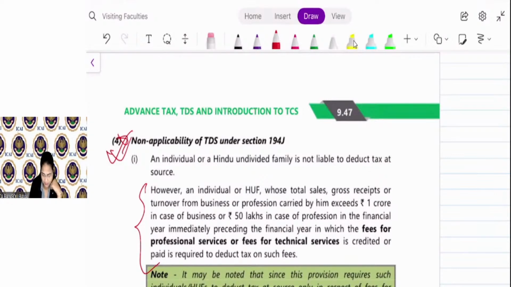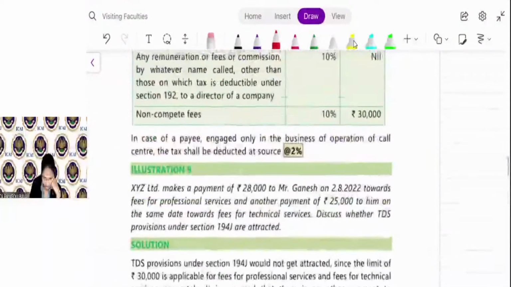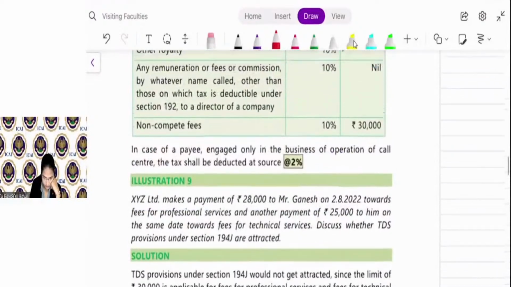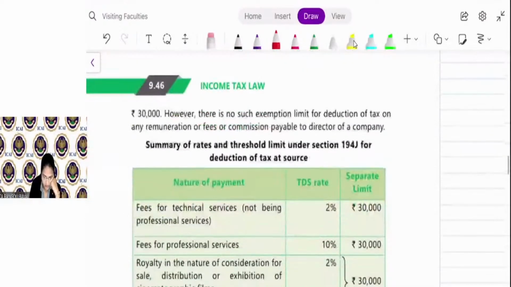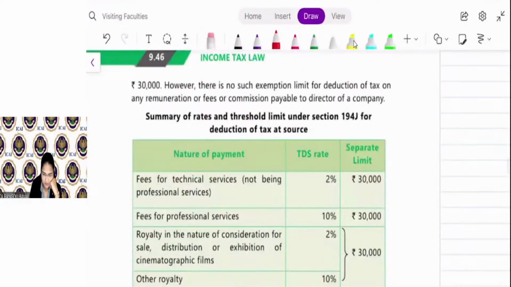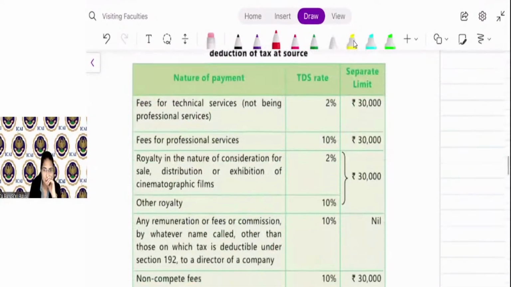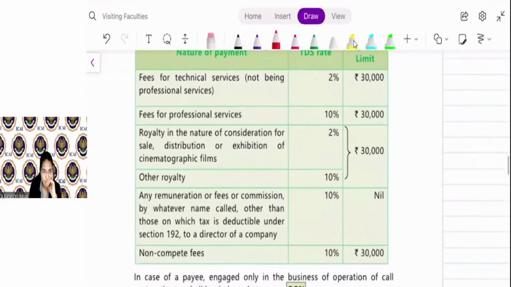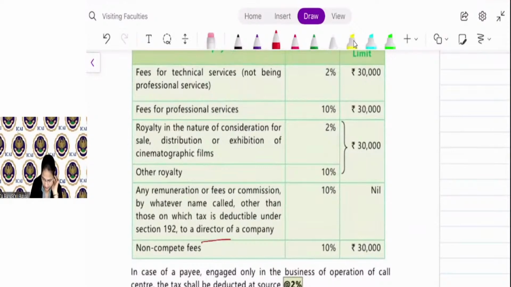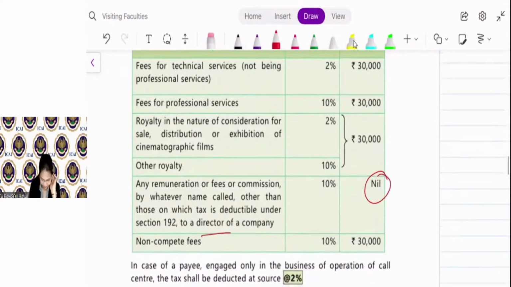So it is given in the provision. No, you have to check separate limit, Priyanka. Otherwise, if you are combining the limit, then you will get confused. So see here, in case of director, there is no limit given.